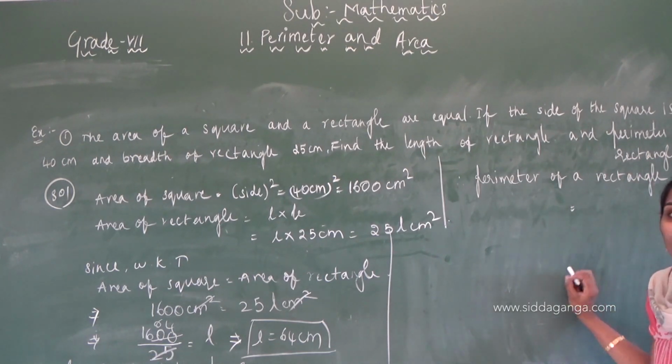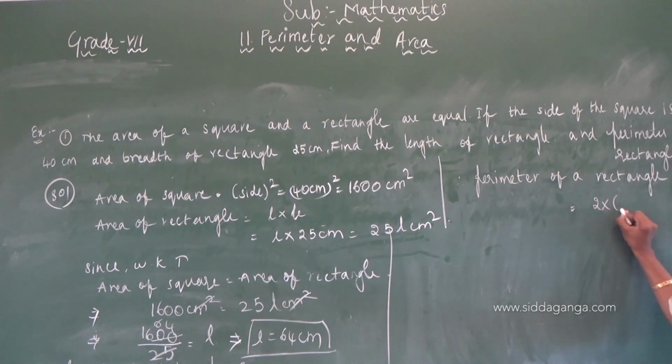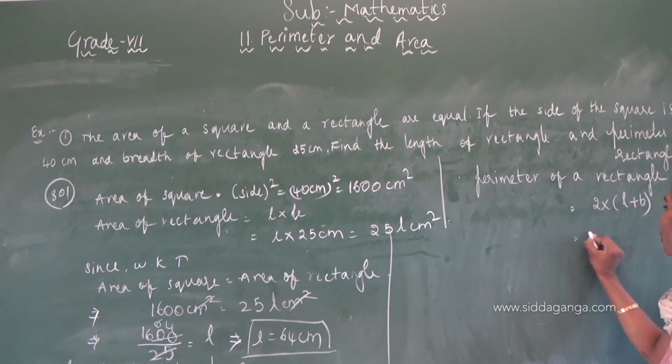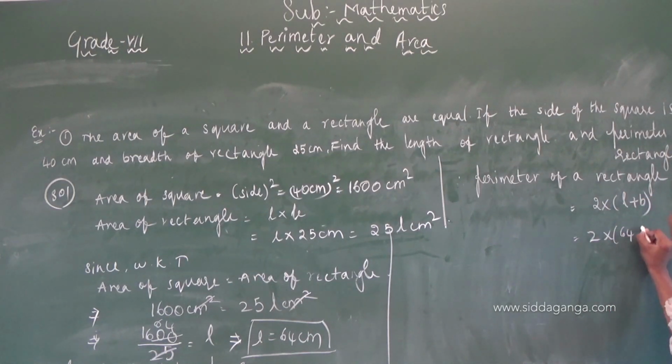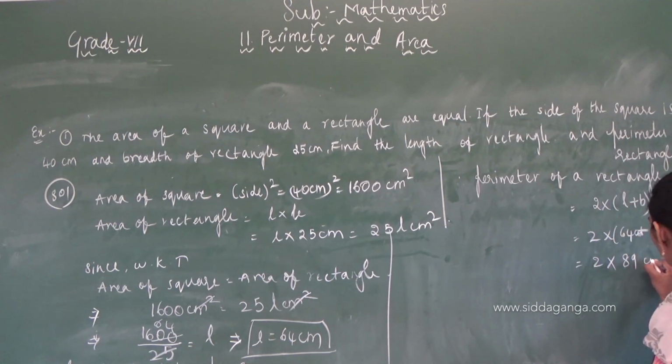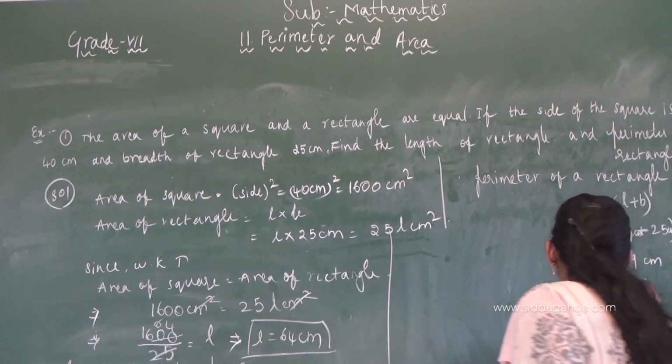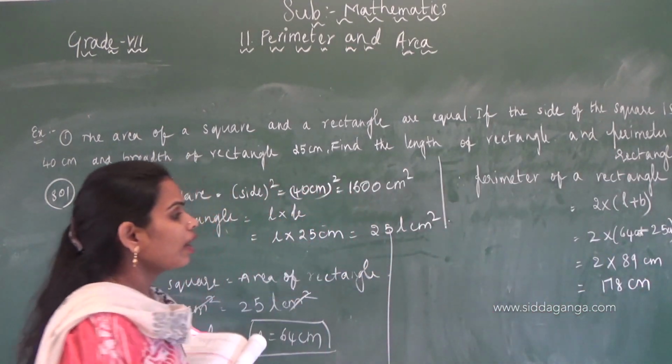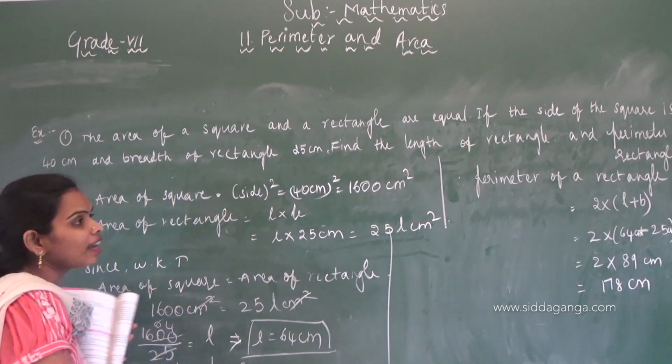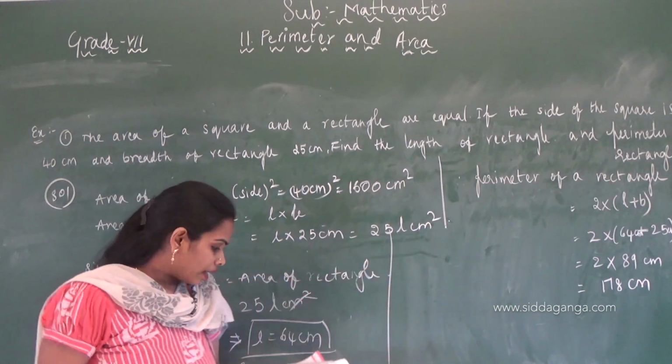The formula to find the perimeter of a rectangle is 2 into (L plus B). 2 into (64 plus 25), that is 2 into 89, which is 178 centimeters. Here you have to use units, centimeters. Therefore, we found the length and the perimeter of the rectangle.